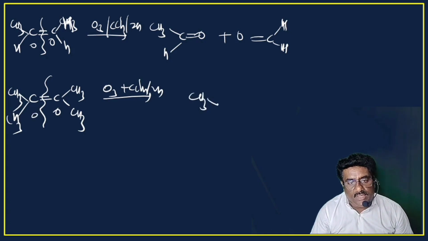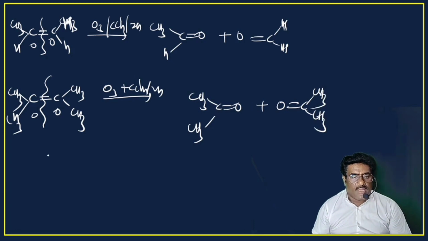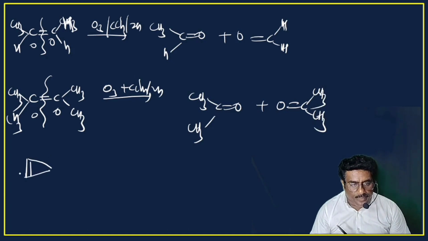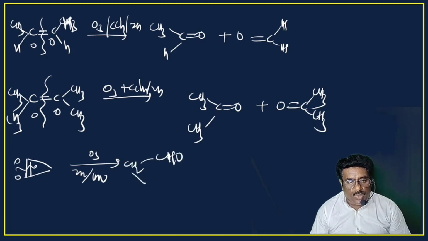It forms CH3-C(=O)-CH3 plus CH3-C(=O)-CH3. Again, one more example: cyclopropene in presence of ozone, zinc and water. Simply breaking, keeping of oxygen, to form CH2(CHO) and CHO.